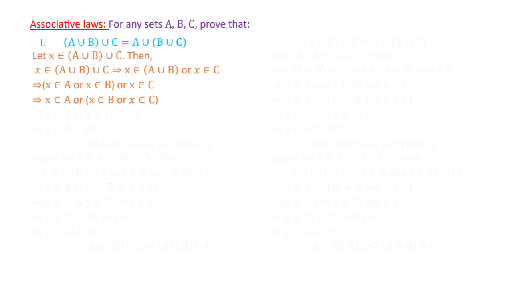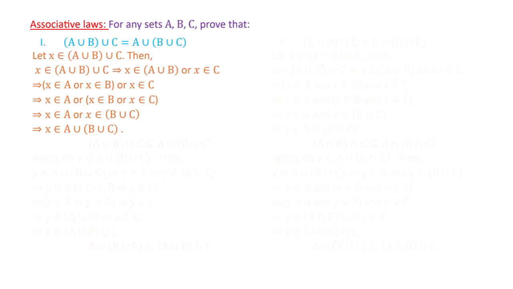And what this term represents when we are saying X belongs to B or X belongs to C, we are saying this is X belongs to B union C, and we already have X belongs to A or X belongs to B union C. Now because of this OR, we can write it in the form X belongs to A union (B union C).